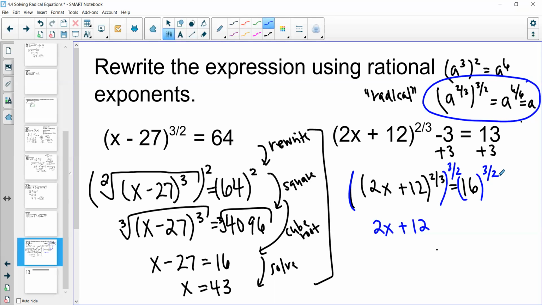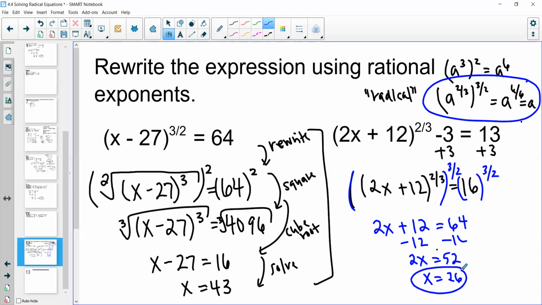So then as we're putting it to that power, we need to look at 16 to the power of 3/2, and this ends up giving us 64. Then we can solve this question just like we were doing it before by subtracting, and we get 2x equals 52, which results in x equaling 26.